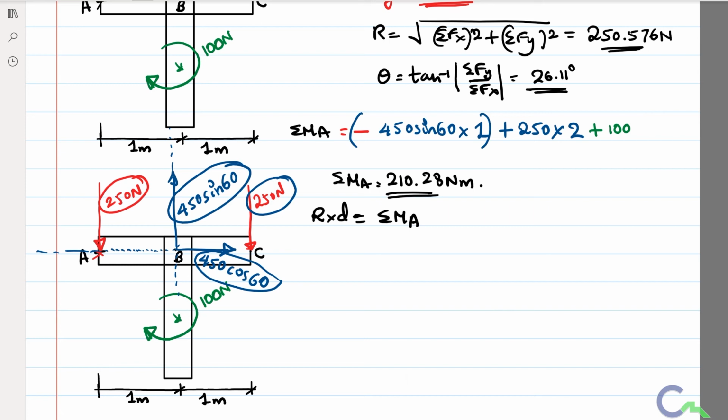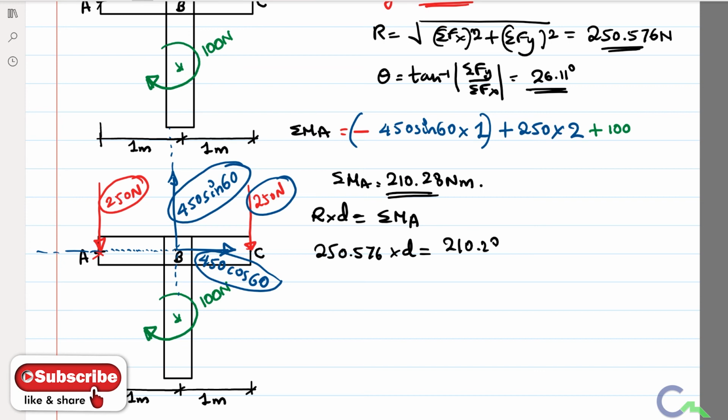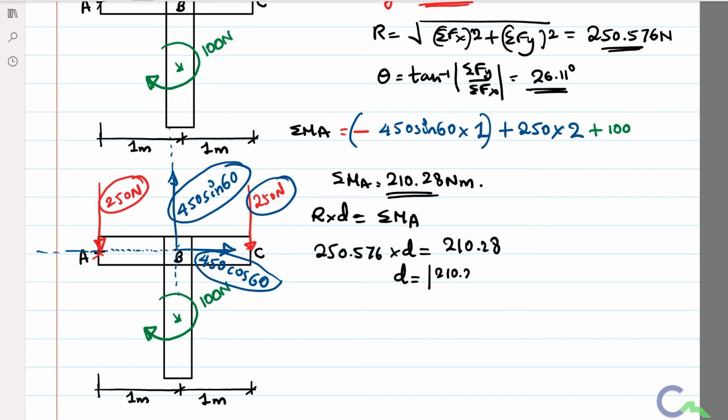So resultant we got 250.576 into D is equal to 210.28. Therefore D is equal to mod of 210.28 divided by 250.576.